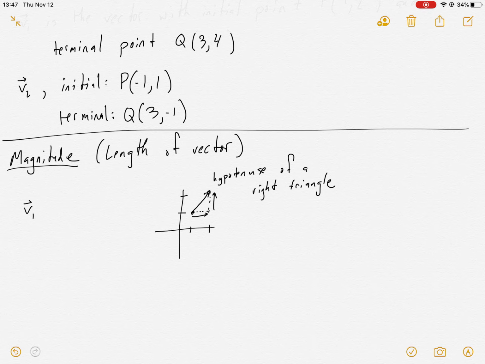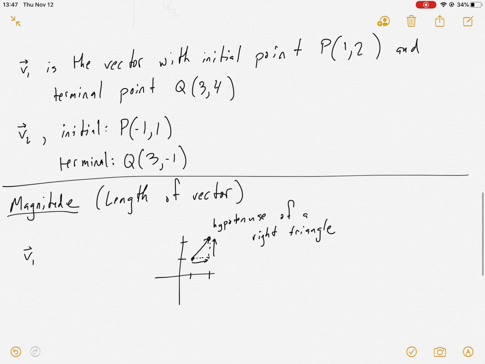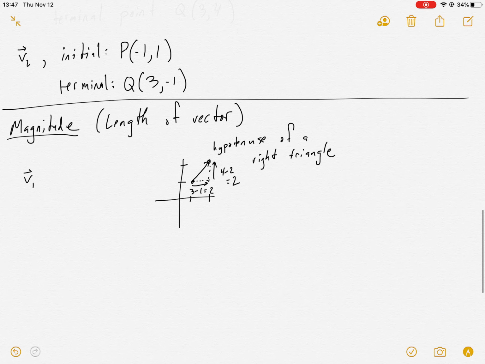This one is x2 minus x1, which gives 3 minus 1, which is 2, and this is y2 minus y1, so 4 minus 2 would also give me 2. So the magnitude of V1 would be the square root of 2 squared plus 2 squared.